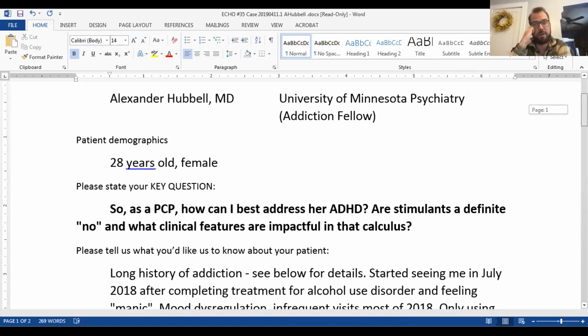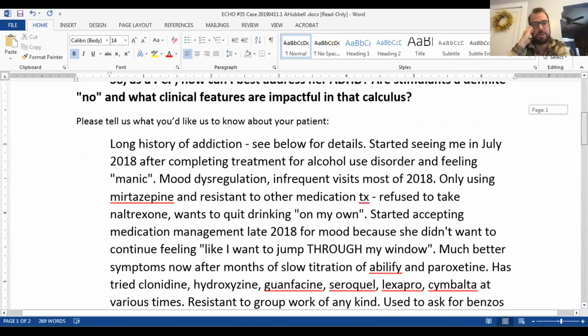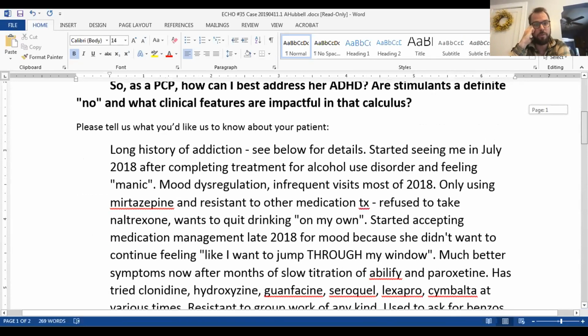I first met her last year in July, right after she came out of an inpatient treatment for alcohol use disorder. She has numerous reports in our charts, and further reports that she tells us about, of seizures and really horrible hospitalizations from alcohol withdrawals and intoxications.